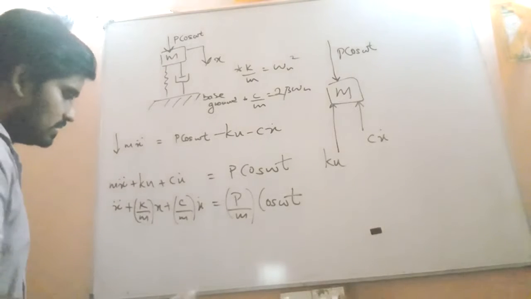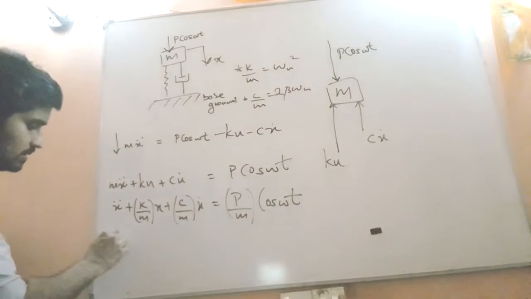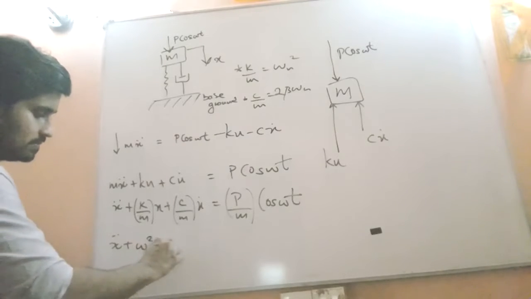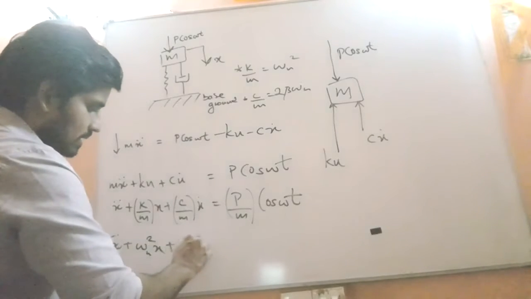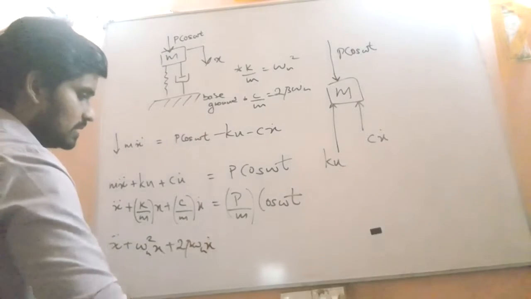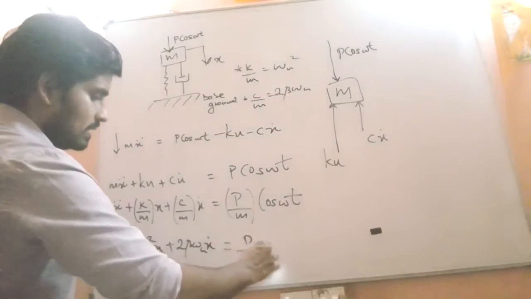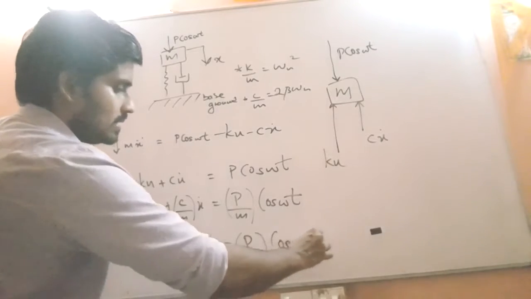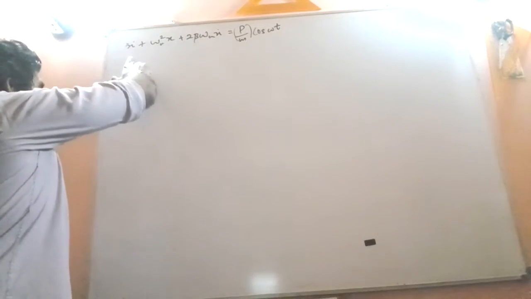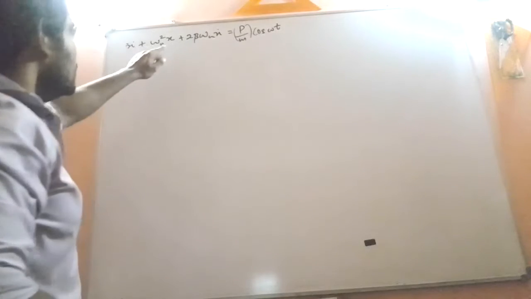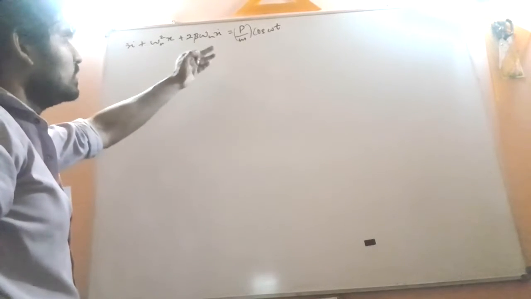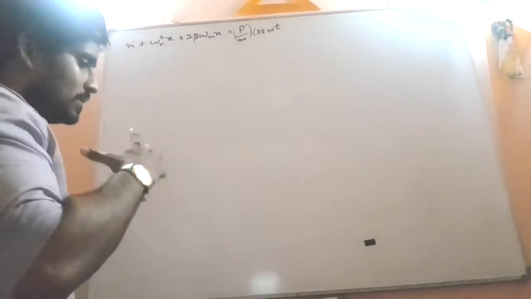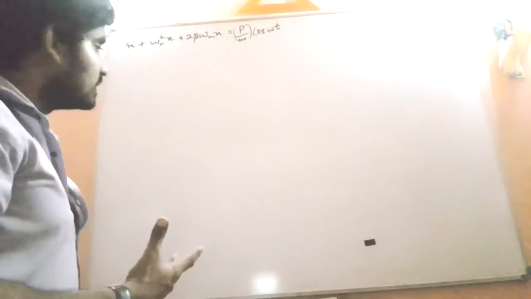So you can substitute: x double dot plus omega n squared x plus 2 beta omega n x dot equals P divided by m cos omega t. Okay, so now we have x double dot plus omega n squared x plus 2 beta omega n x dot equals P divided by m cos omega t, right? So now we are using the technique of D operators, right?